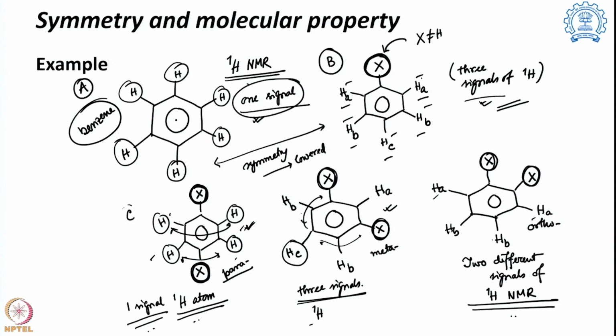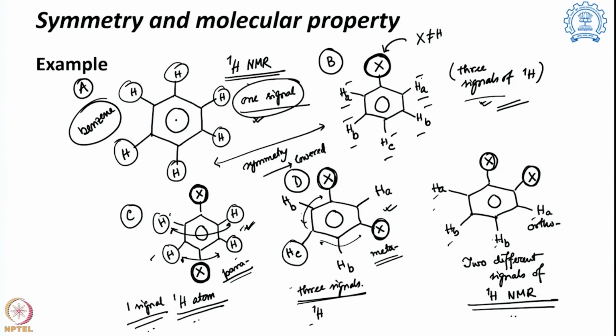Then case number C, where we have a bisubstituted one, where the para substituted is quite symmetric, and that is why we get only 1 proton signal. This is case D, where we again have a bisubstituted but meta one, which has a little bit lower symmetry, and we are going to get 3 signals. When you put them in the ortho position, we get 2 signals.